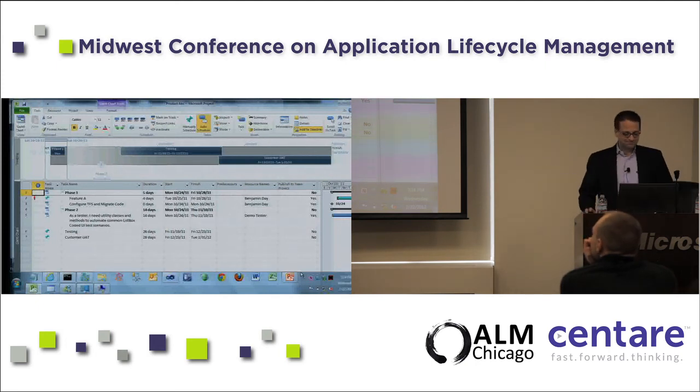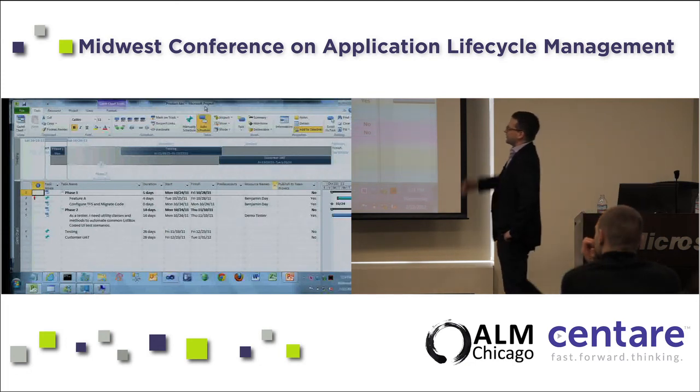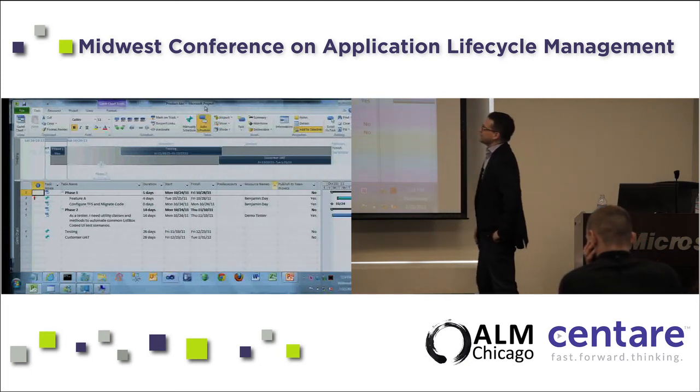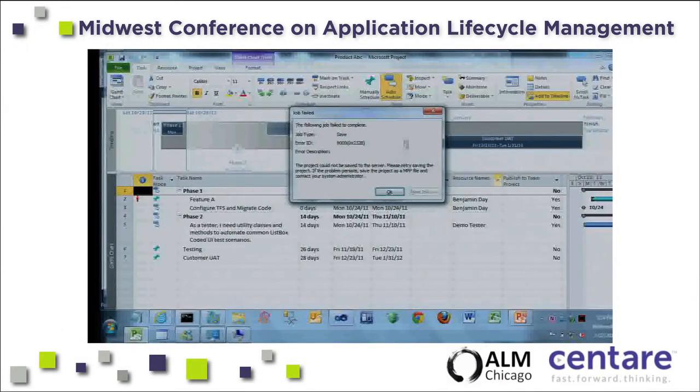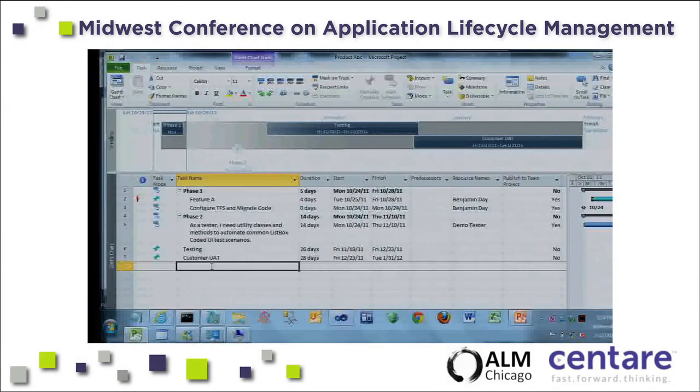Let's move on. All right, so we've got our enterprise project plan loaded up inside of Microsoft Project. Job failed. That's not what I like to see when I'm on stage. So let's come in here and add a couple of requirements.